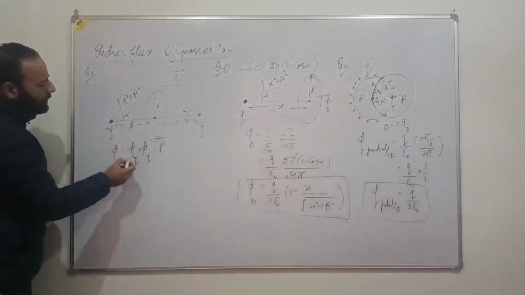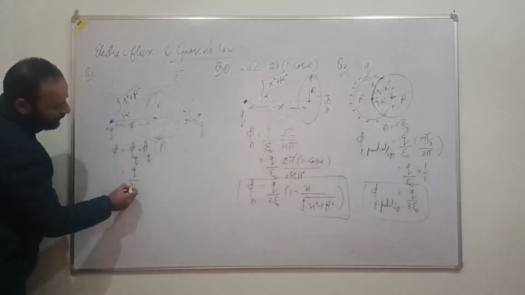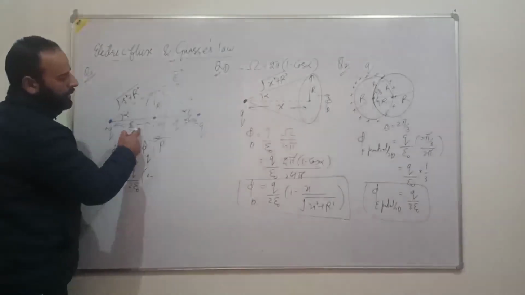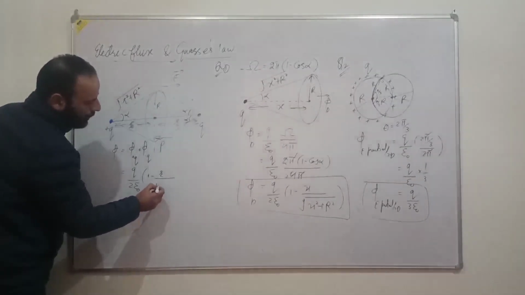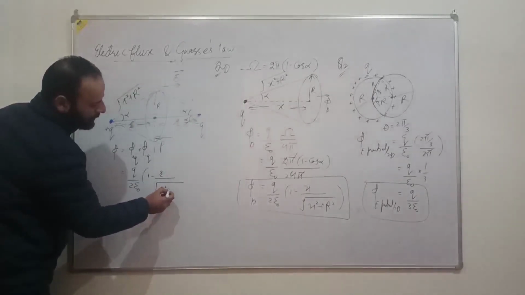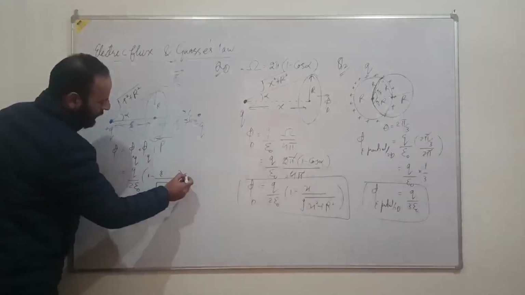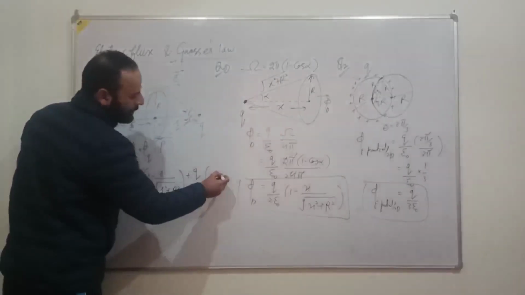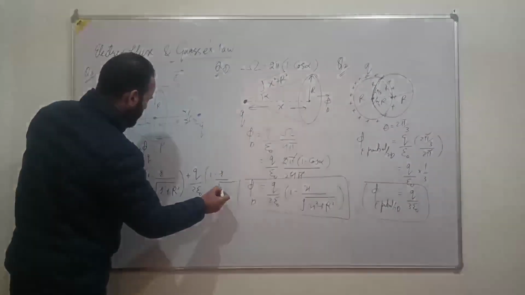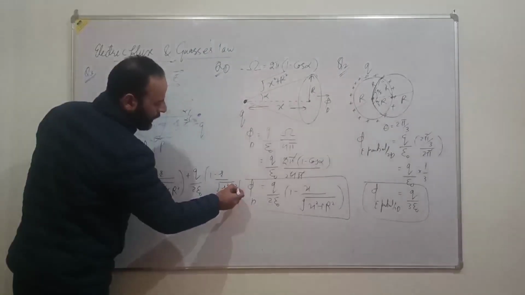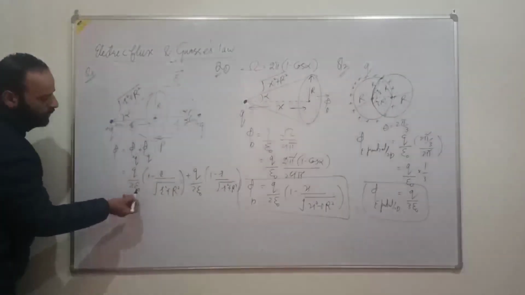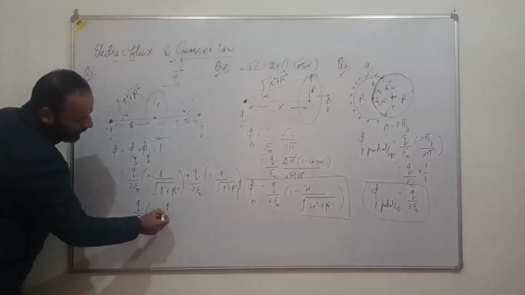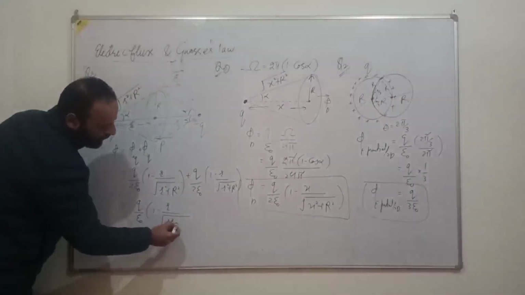So we can calculate now, it is Q divided by 2 epsilon naught times 1 minus R divided by under root of R square plus R square, right? Then again plus Q divided by 2 epsilon naught times 1 minus R divided by under root of R square plus R square. Since these are two similar terms, it will be 2 times, so 2 and 2 cancel, and we get Q divided by epsilon naught times 1 minus R divided by under root of R square plus R square, right?